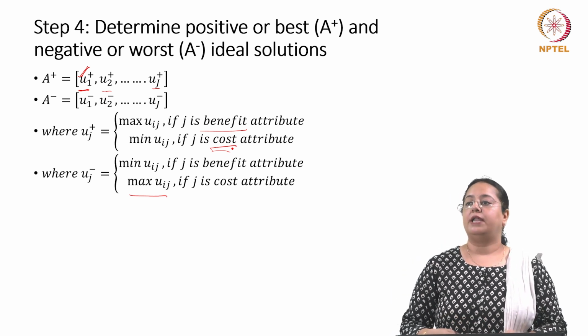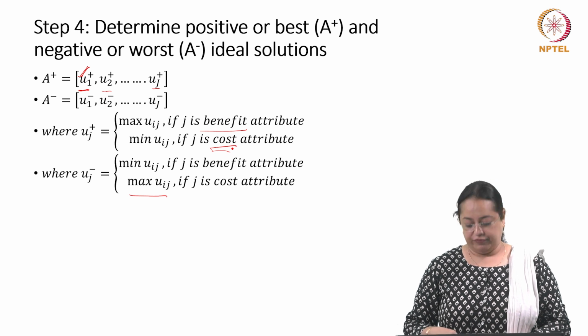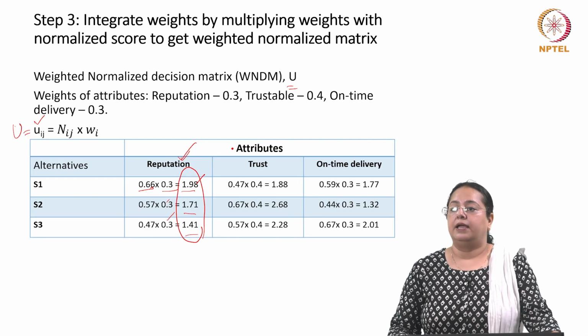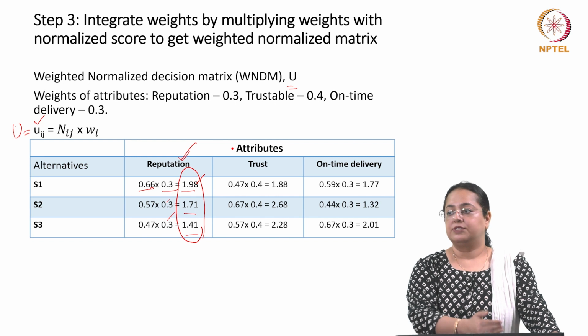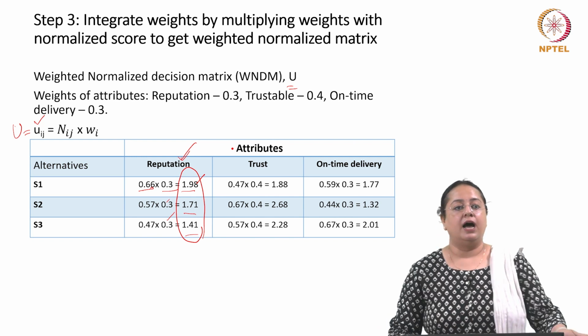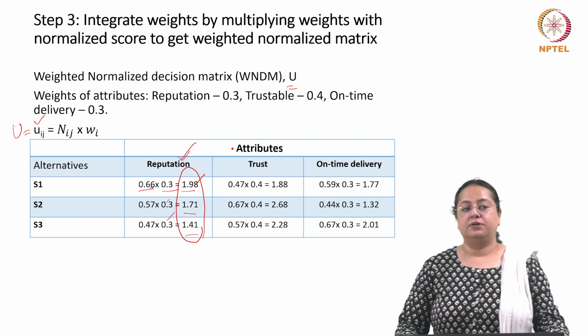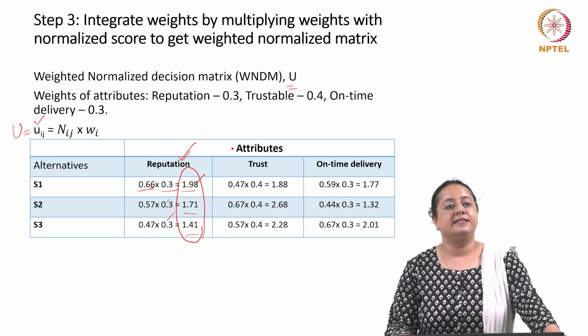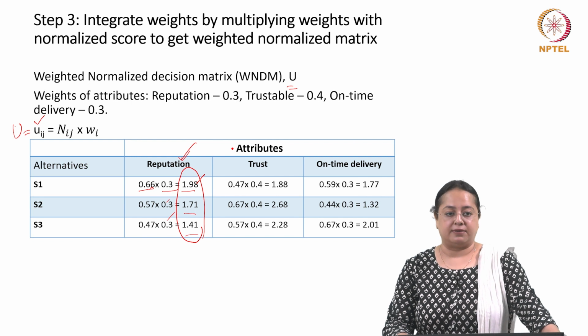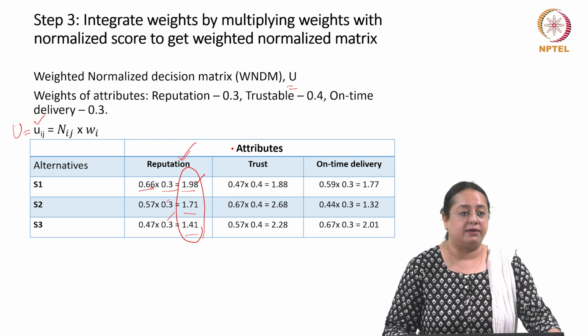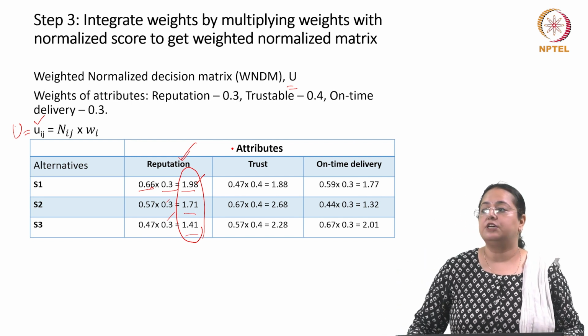Suppose in this case the cost attribute, the lesser it is, the better it is. Lesser the better, if it is the cost one.